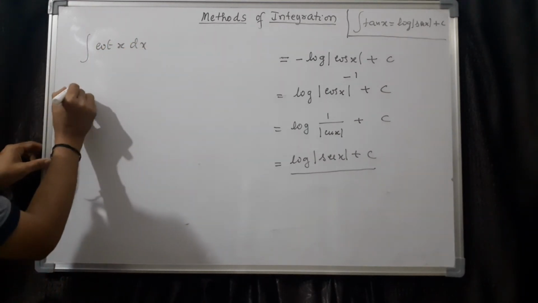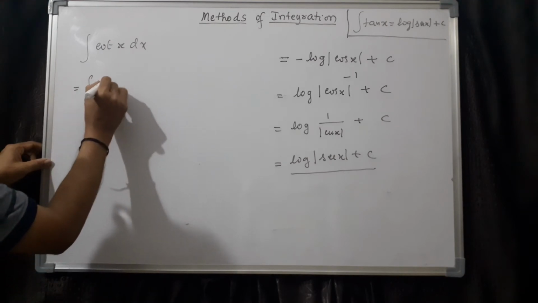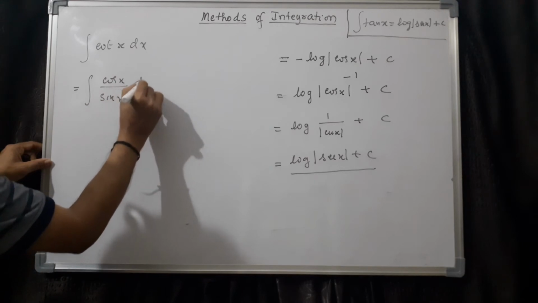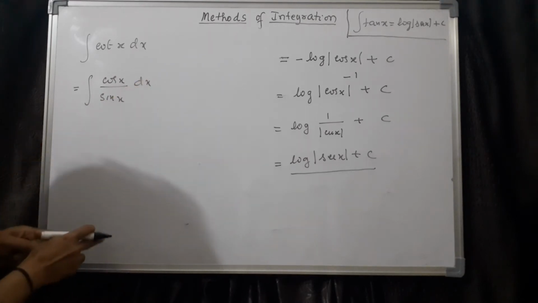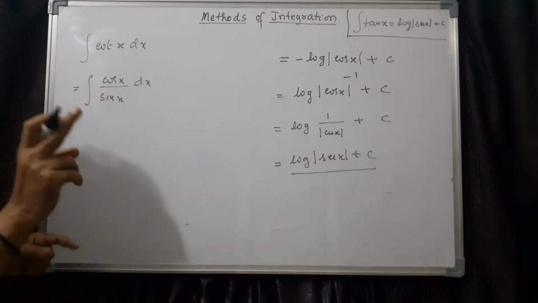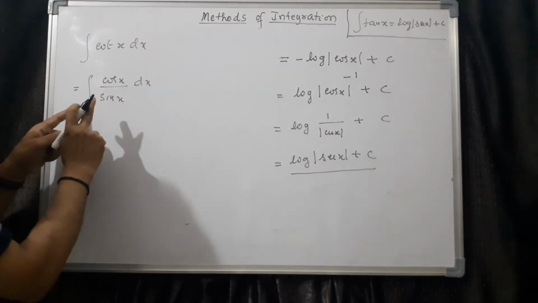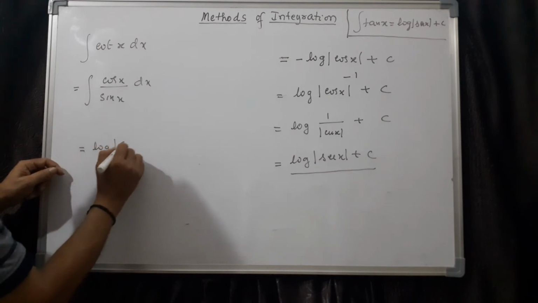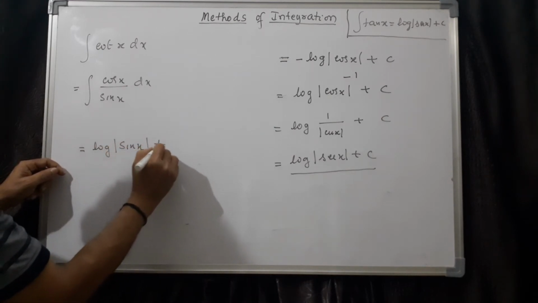So here, same thing, you can write cos x by sin x dx, and further I need not proceed. Put sin x equal to y, cos x dx becomes dy. Here it was negative, but here it is positive. Actually you get log of mod sin x directly.